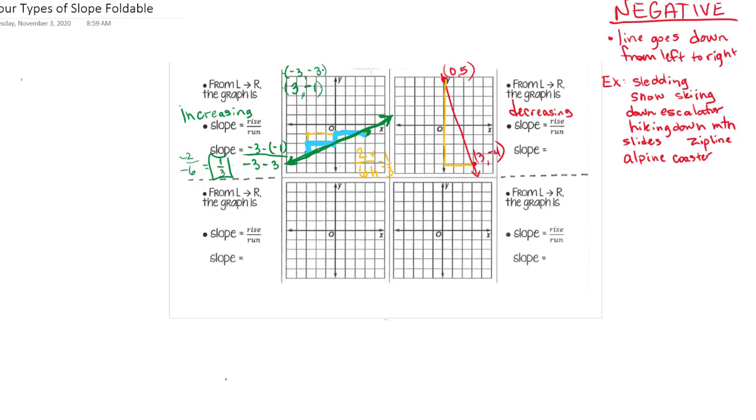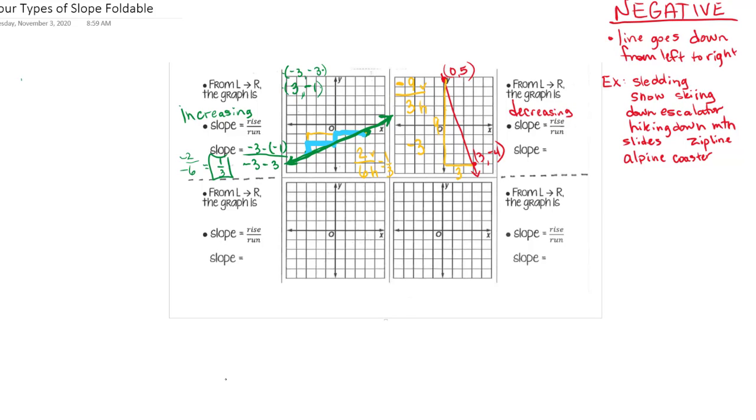So from 0, 5, 1, 2, 3, 4, 5, 6, 7, 8, 9. 9 for the vertical side, 3 for the horizontal side. So because that's going down from 5 to negative 4, that's a negative 9 vertical change to horizontal change of 3, which would simplify to negative 3.